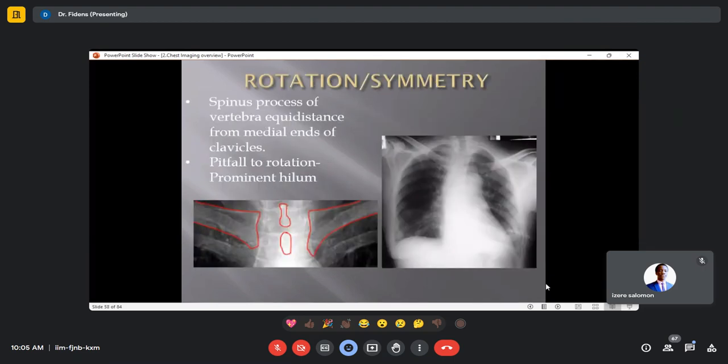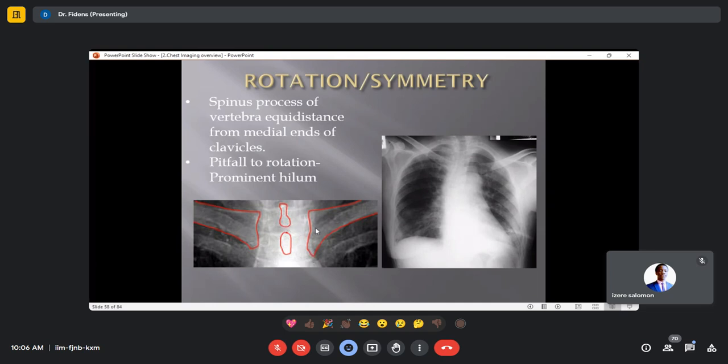The fourth one is about symmetry, or lack of it, whether there was rotation. You remember what I told you? The spinous processes make a vertical line, and the distance from that line to the medial end of the clavicles, not the joint, the medial end of the clavicles, the way it is drawn here.